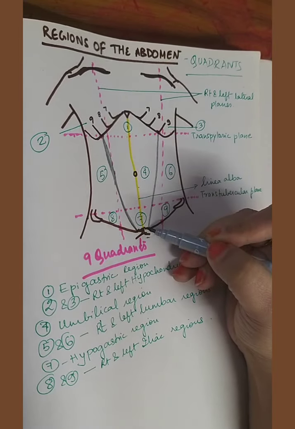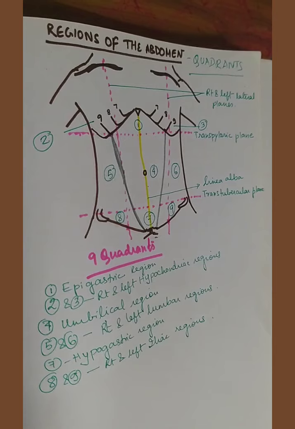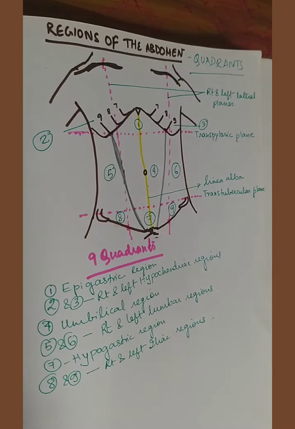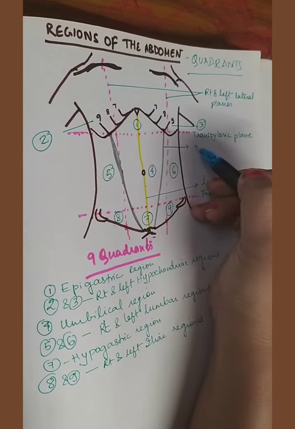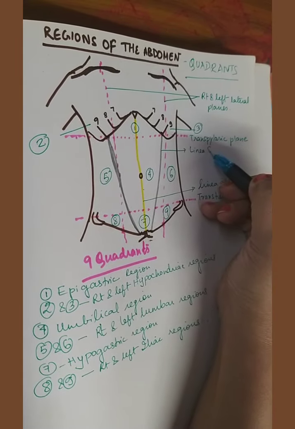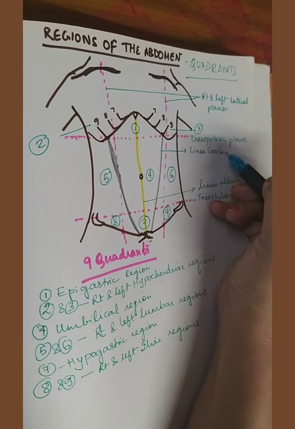Similarly here. And note that it has a convexity laterally. This corresponds with the lateral border of the rectus abdominis muscle. This is the linea semilunaris.